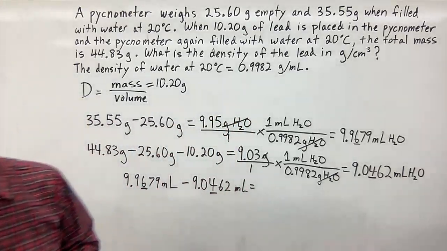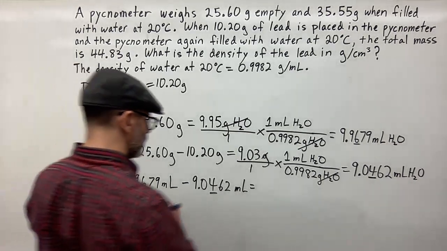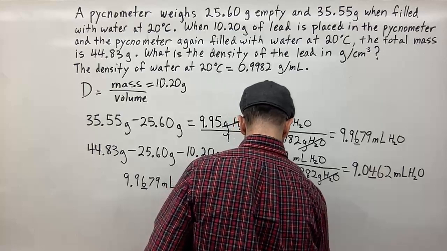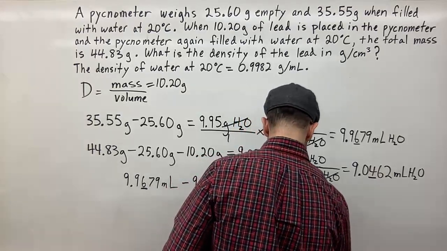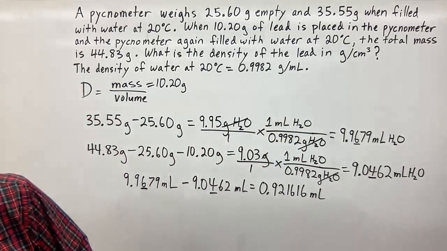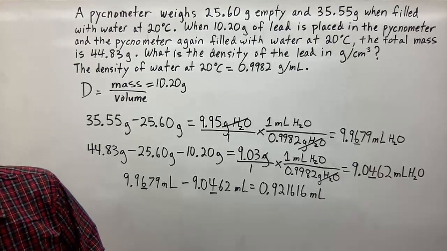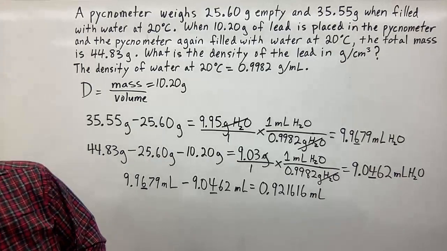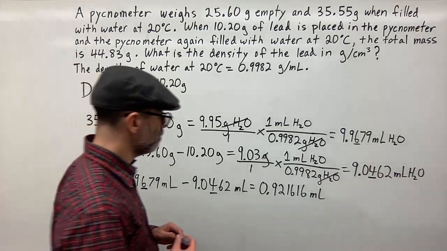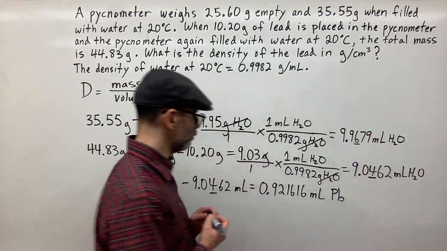And when I subtract those two, I get 0.921616 milliliters. Let me double check that answer. 0.921616 milliliters. Okay. So this is the milliliters of lead. So that's what I just found here.